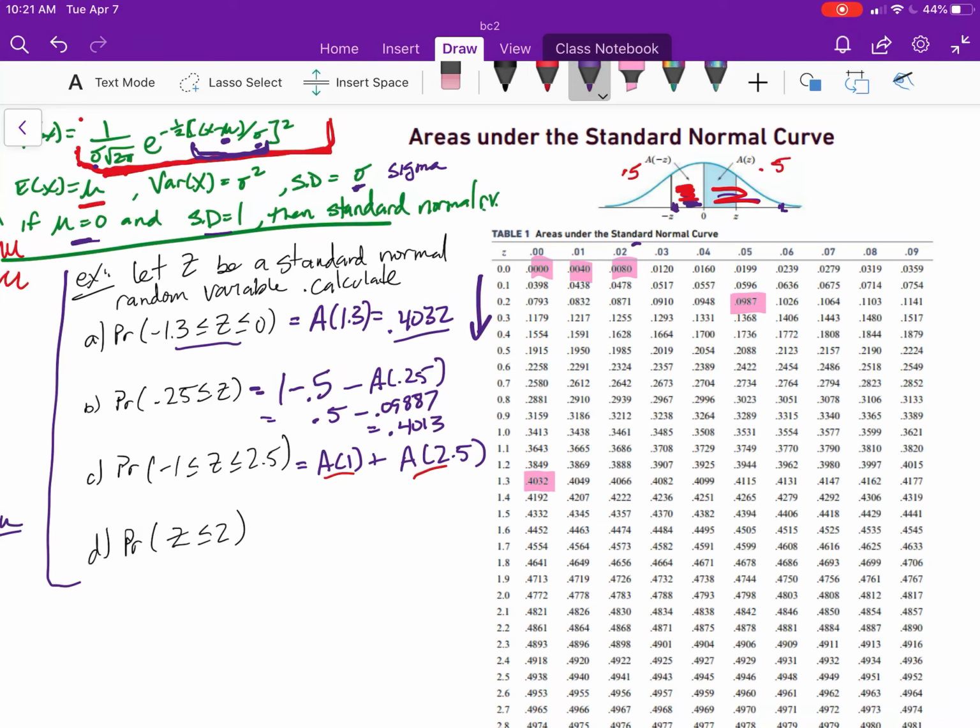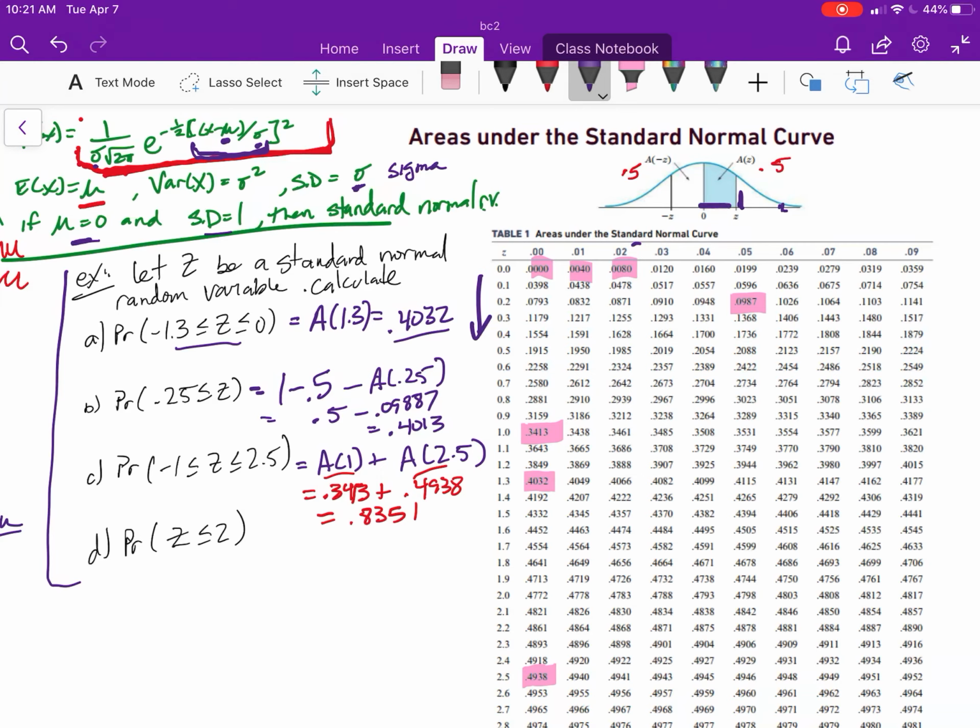Okay, A of 1 is here, A of 2.5 is here, so we get 0.3413 plus 0.4938, right, which is 0.8351.